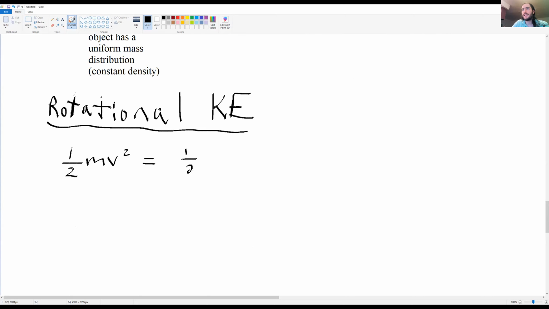If we have an object which is rotating, we can replace the velocity with r times omega. We square that. So that's going to be 1/2 mr squared times omega squared. And you guessed it, that mr squared term is the moment of inertia.